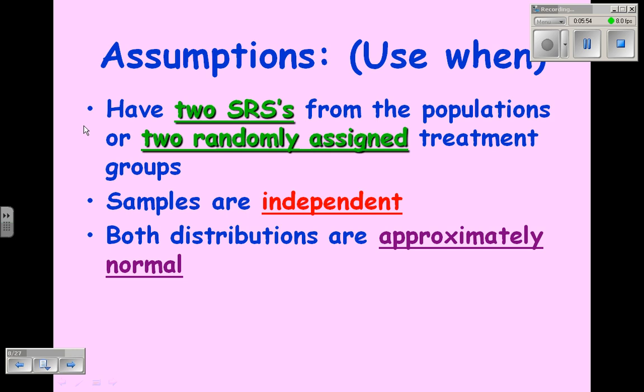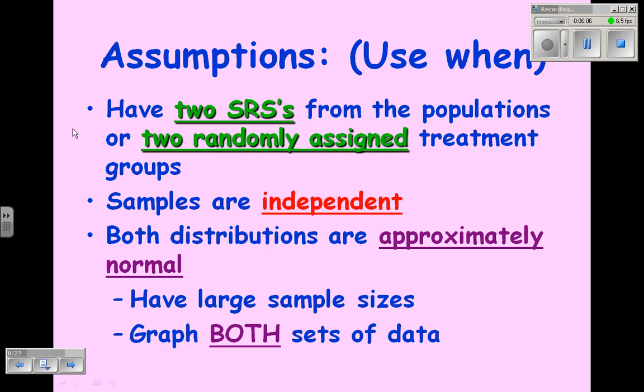Both distributions are approximately normal. And we can establish that in a variety of ways: by looking at the box plot, by looking at the sample size. They could be normal to start with, in which case that takes care of that. So with large sample sizes, if you're given data, you should always graph both sets of data to see if they both appear to be symmetric with no outliers.